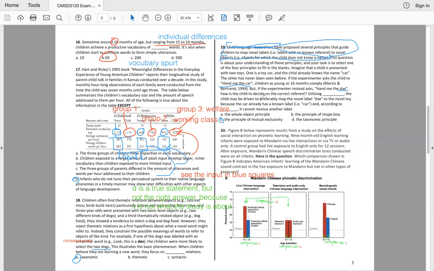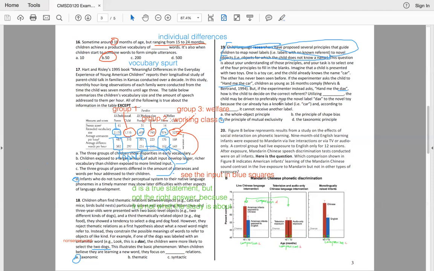The child may be driven to preferably map the novel label DAX to the novel toy, because the car, which is the other toy, already has a label. According to the mutual exclusivity principle, each object can only receive one label.